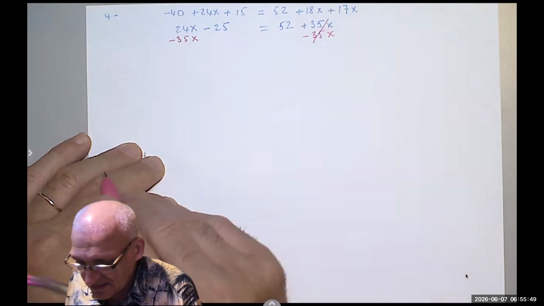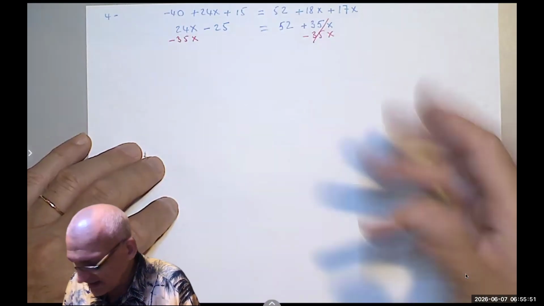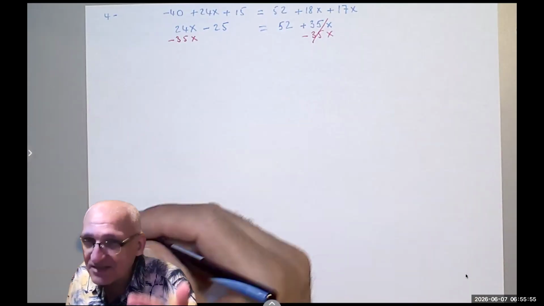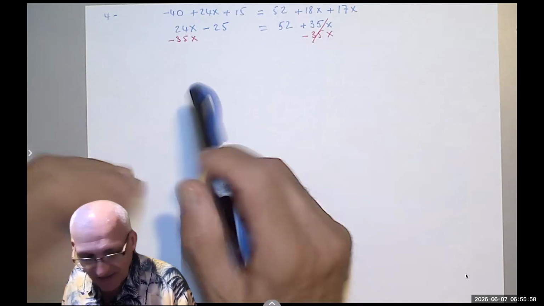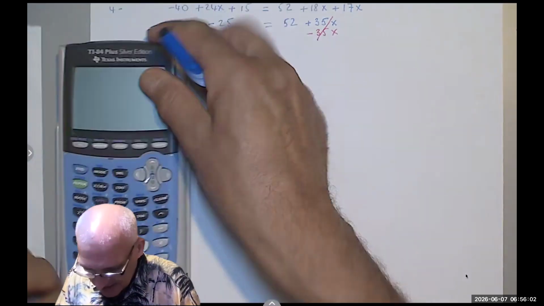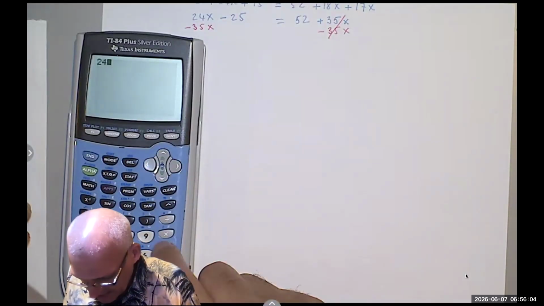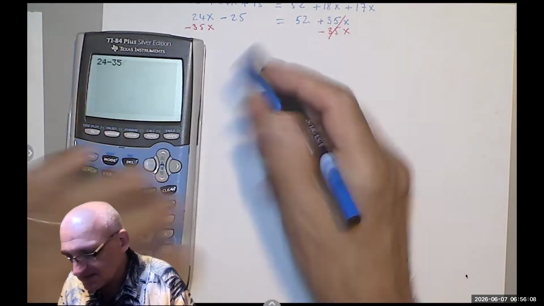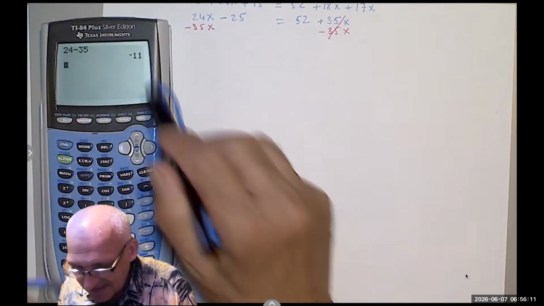These cancel. And then I use my calculator, 24x. Of course, you cannot enter x. And that's probably what caused the problem, is that on your calculator, you say 24 minus 35, and notice you cannot write 24x minus 35x. So you say that and you get negative 11.